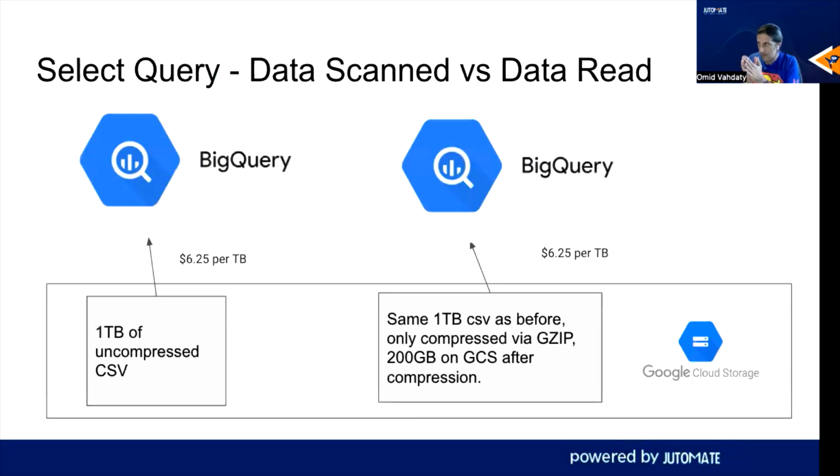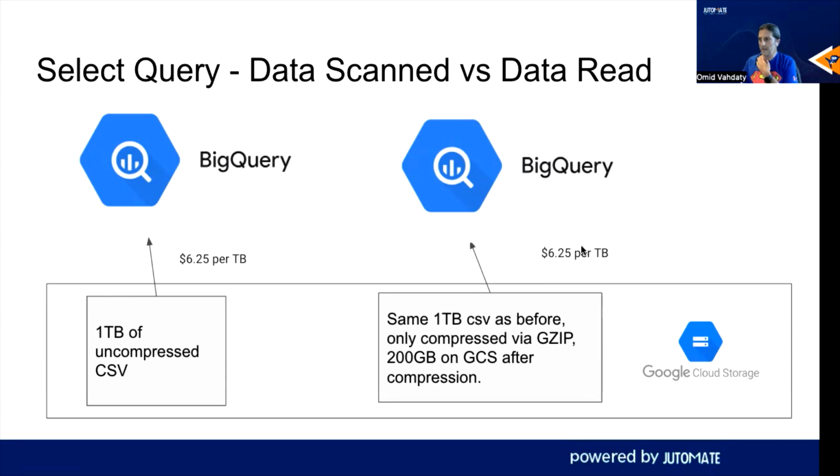Let's fine-tune a little bit the cost structure we discussed in the past, the difference between data scanned and data read. In BigQuery, it's the same. So if you have 1 terabyte of uncompressed CSV and you are querying that, you'll pay $6.25 per terabyte. In other technologies that support data scanned, which takes compression into consideration, the same terabyte will be compressed to 200 gigabytes on GCS.